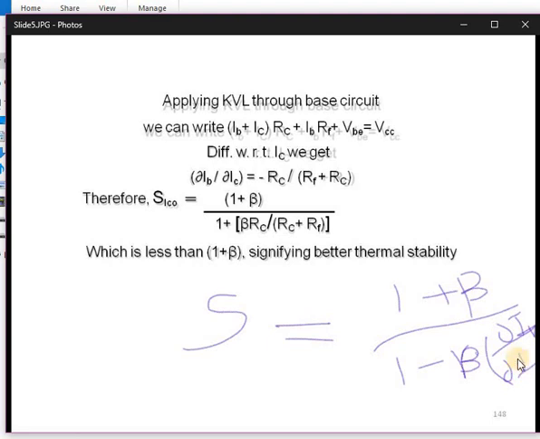This is the stability factor from the equation for the fixed bias circuit.